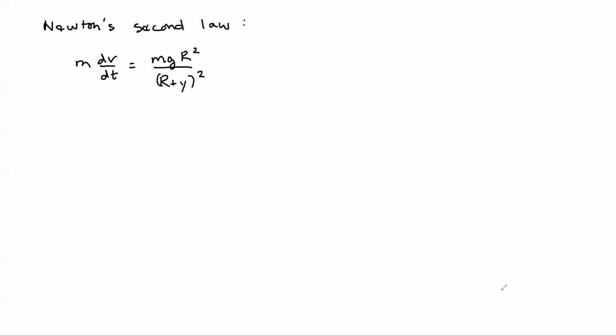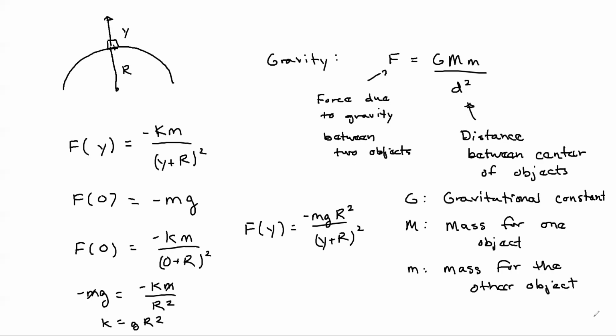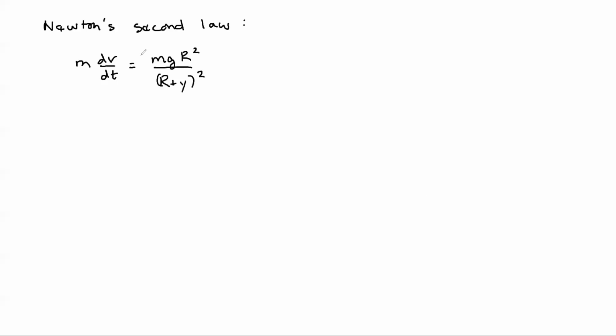And so you can cancel the m's, and we get dv dt equals negative g R squared over R plus y, squared.